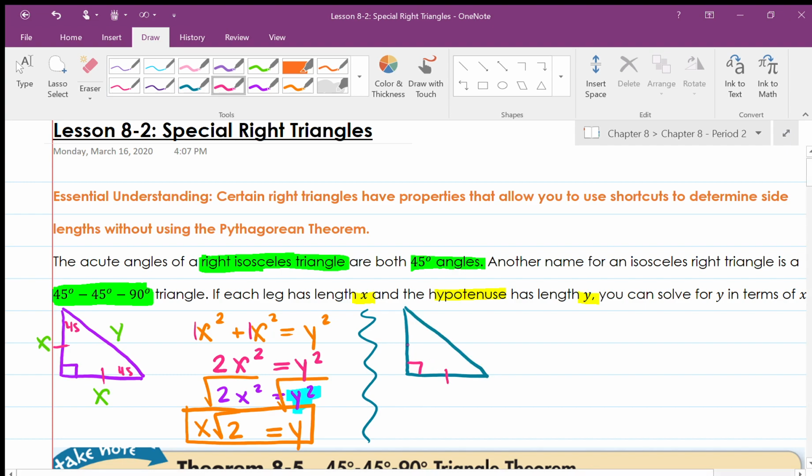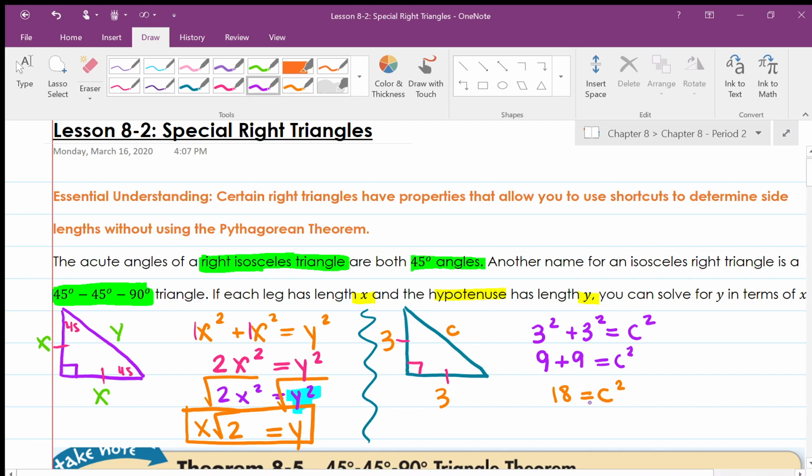Again, we have an isosceles right triangle. I'm going to say that the legs of this isosceles right triangle are 3. If one side is 3, then this side is 3. And we're looking for the hypotenuse, which is always c. Using the Pythagorean theorem, you would have 3 squared plus 3 squared is equal to c squared. Simplifying, this would be 9 plus 9 is equal to c squared, or 18 is equal to c squared.